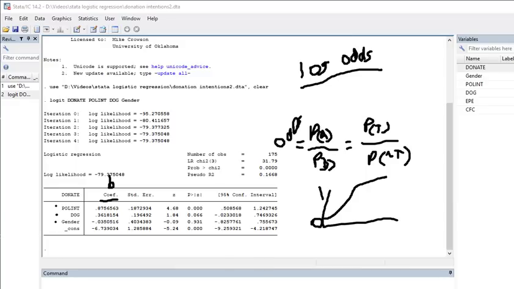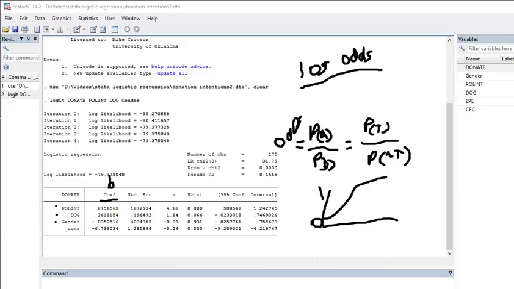The relationship between our predictors and our dependent variable is nonlinear. And so we essentially model the relationship between our predictors and our outcome variable through this process of converting our probabilities to odds and then to log odds. So that's all that's happening. It may be kind of confusing, but just keep in mind that's essentially what's going on.